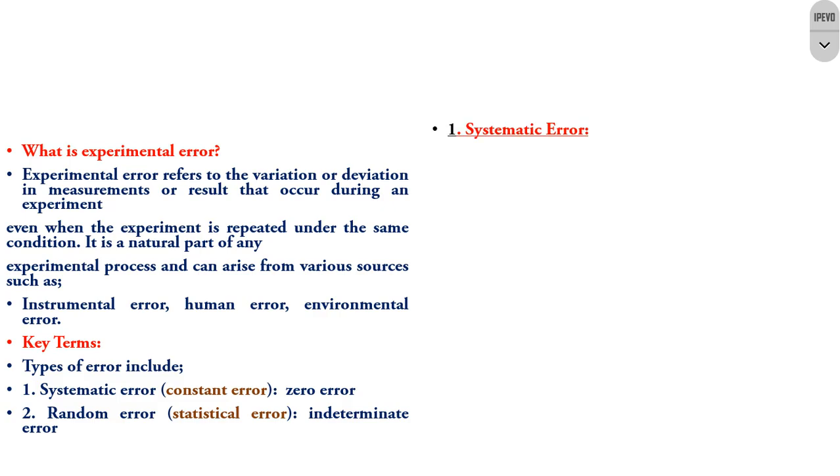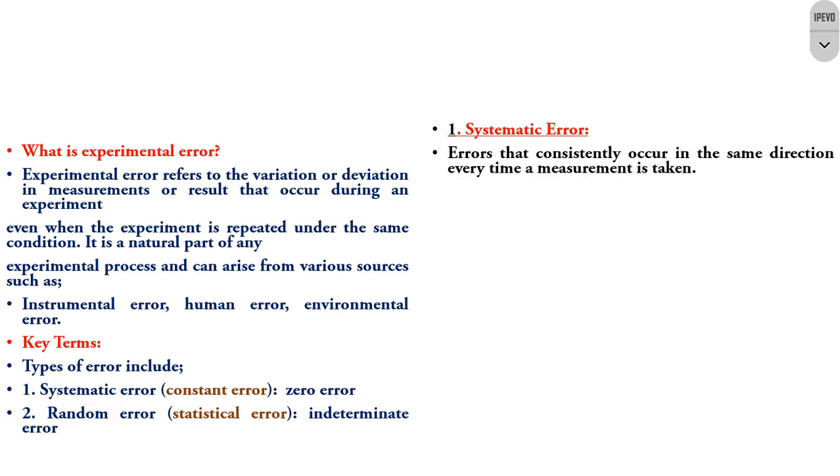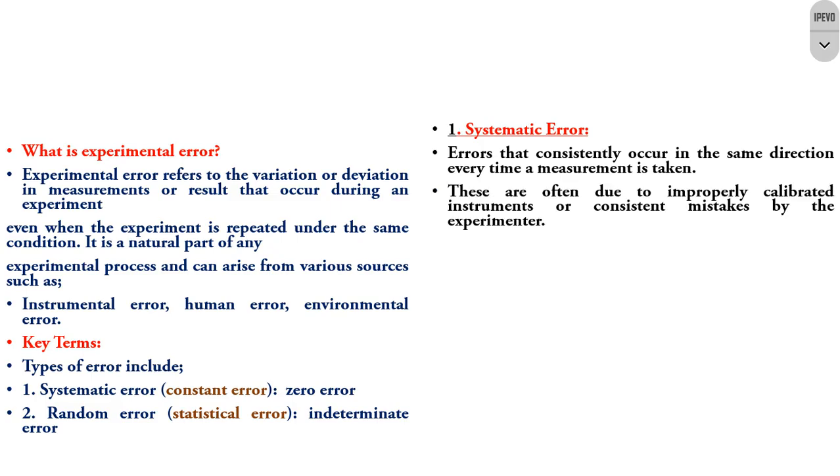I'm going to explain those types of errors one after the other. Let's take the first one, systematic error. So systematic error is basically a type of error that consistently occurs in the same direction every time a measurement is taken. These are often due to improperly calibrated instruments or consistent mistake by the experimenter.